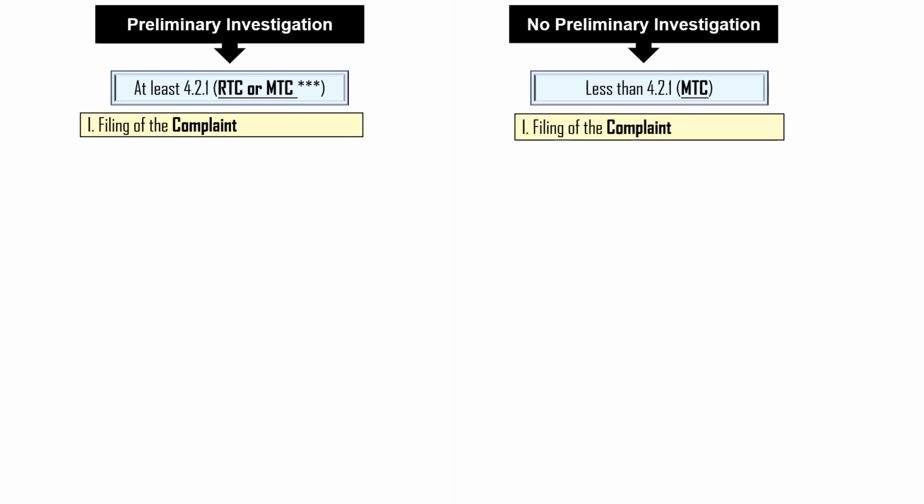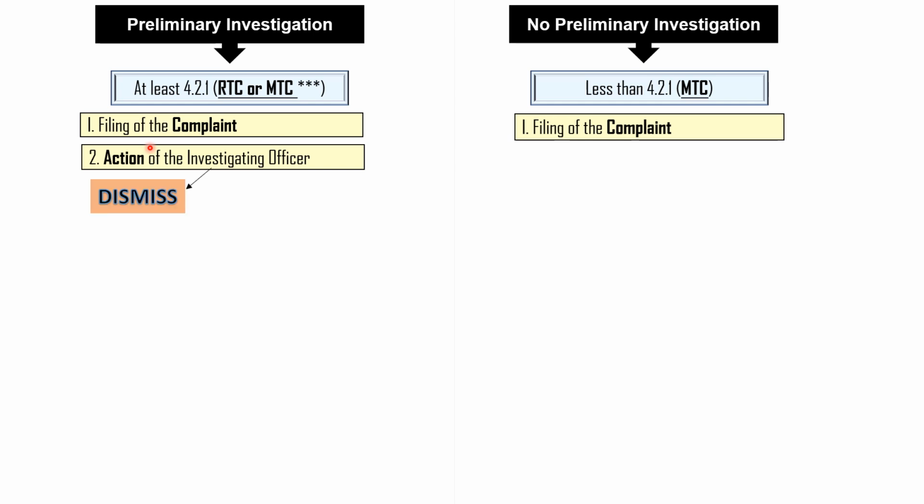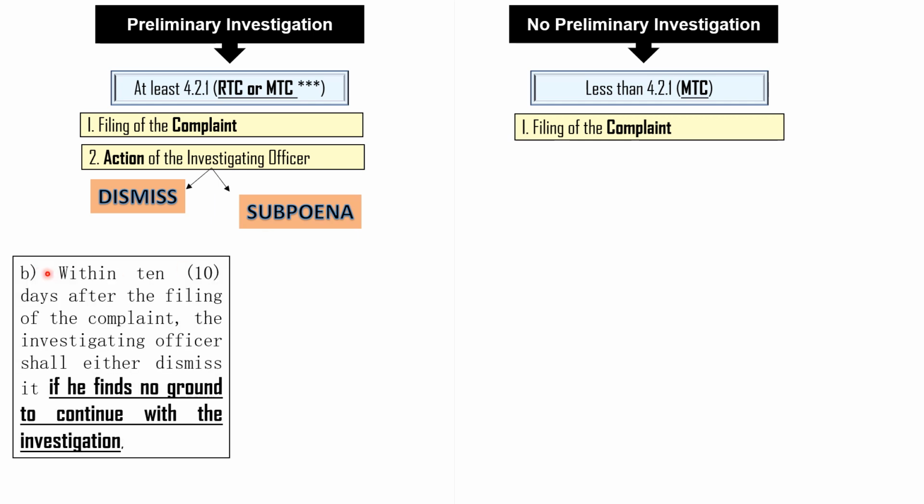So after the filing of the complaint, what will happen next? It will be raffled and it will be assigned to a specific prosecutor. And that specific prosecutor will act on the complaint. There will be an action of the investigating officer which could either be dismiss the complaint or issue a subpoena. Where did we get this? This is your letter B of your Section 3.